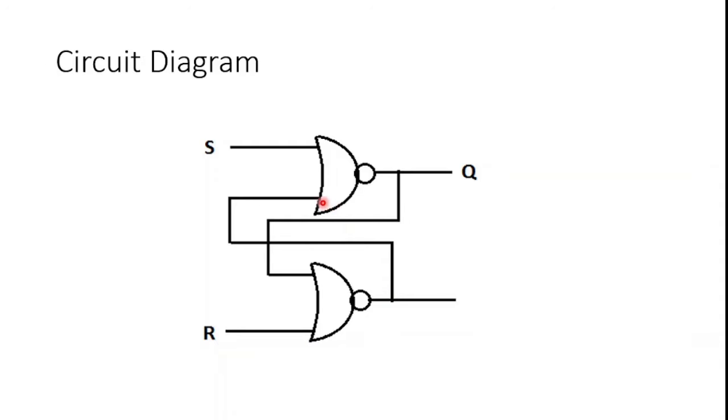For example, this input came from the output of this NOR gate, as well as this input came from the output of this NOR gate. So whenever you are asked to make an SR flip-flop using NOR gates, this is the circuit diagram that you have to use.